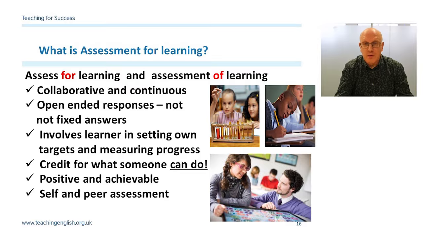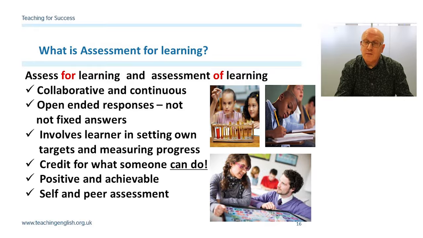Now, the point about assessment for learning, and as you can see the points that I've highlighted on this slide, it's ongoing, but it's not just about ongoing, it's also about learners learning as individuals, but also learners working as part of a class and working with others in the class as well. It's about having not just one answer, but more open-ended possibilities as well.